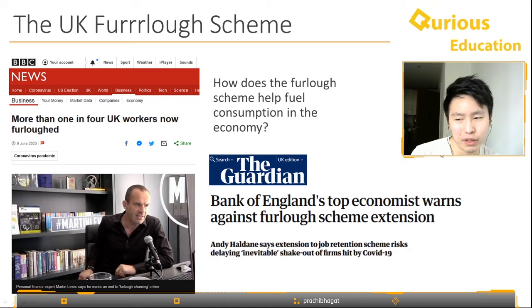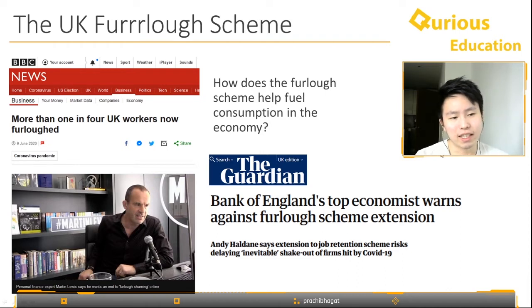So I'm sure you guys have heard about the UK Furlough Scheme. If you're not from the UK, what the Furlough Scheme entails is basically if you are currently an employee of a company in the UK and the company is unable to pay your wages because there's not enough customers or not enough business due to the coronavirus recession, then the government would pay the employees' wages on behalf of the company.